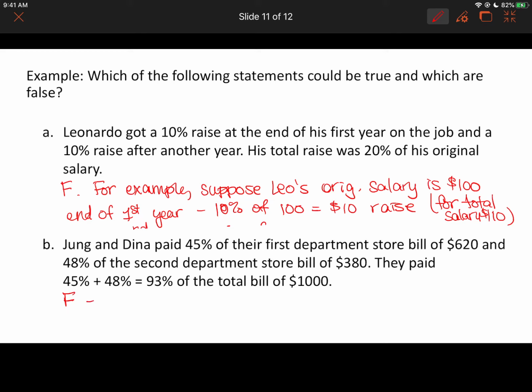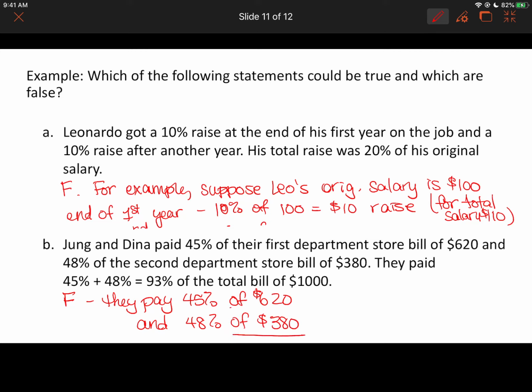And the issue here is that they pay 45% of $620 and 48% of $380.